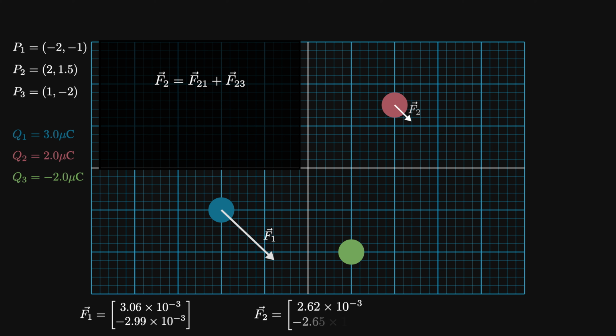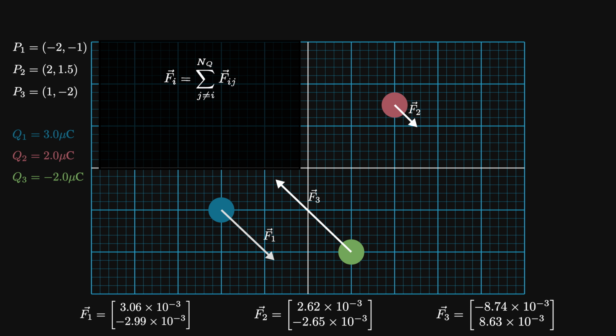Likewise, we can do the exact same thing for charges Q2 and Q3. Though this gets rather complicated quickly, the principle is very simple. Just apply Coulomb's law to the interaction between each charge and every other charge in the system.